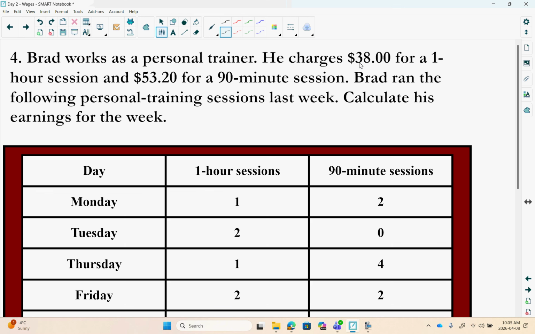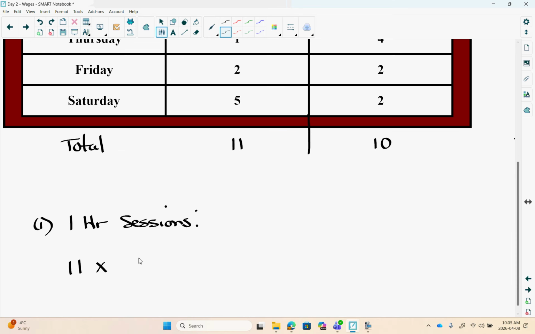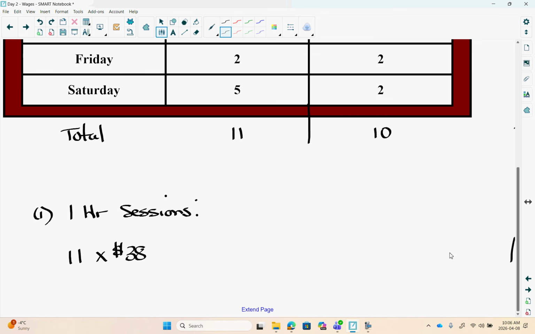Would it make sense for him to charge more for the 1 hour than he does for the 90-minute? No, read carefully. He charges $38 for the 1-hour session. So I'm going to go 11 times $38. 11 38s, $418.